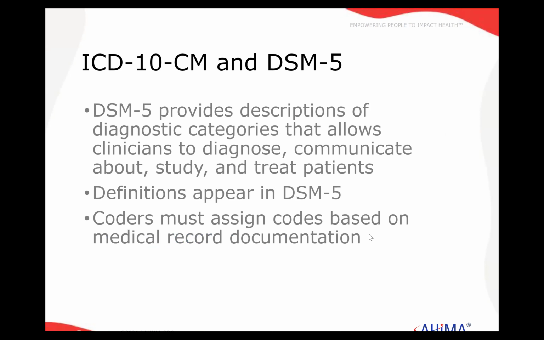There are some things that you see out there about if somebody's on this medication, that automatically means they have major depression or this, that, and the other thing. That's not a good way to go about coding mental health disorders. It basically goes with what is in the documentation.